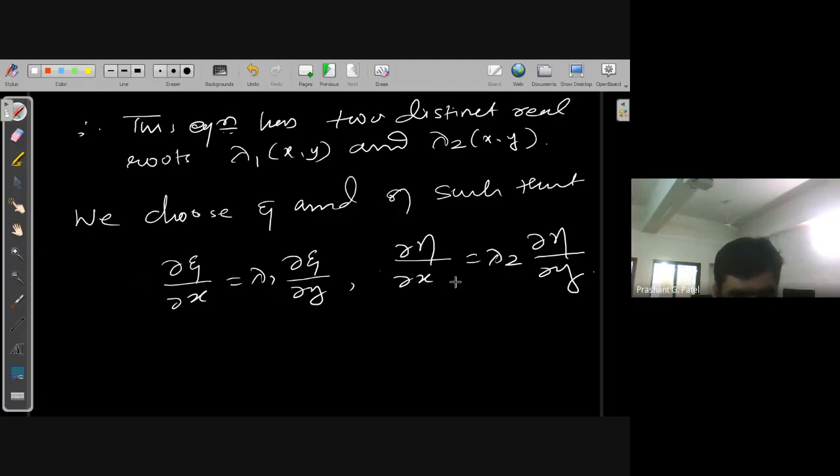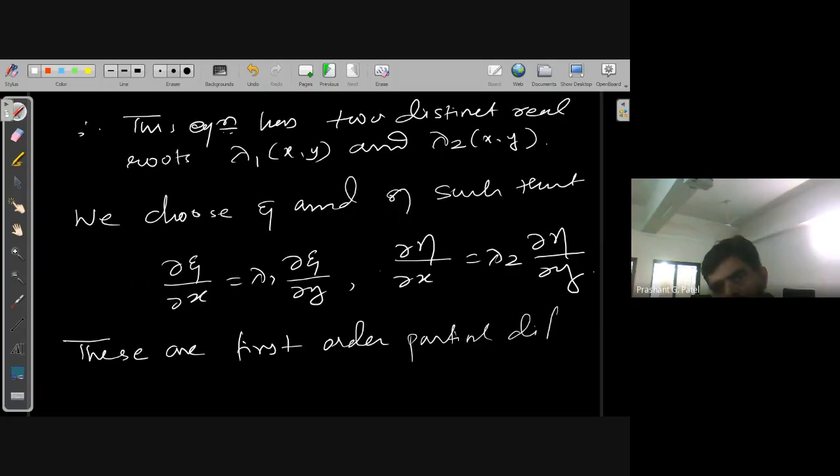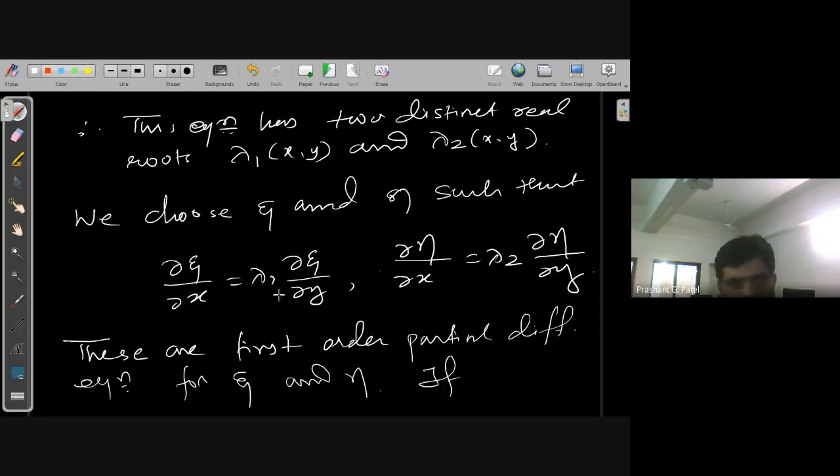These are two first order linear partial differential equations in terms of xi and eta, and so they will have a solution.